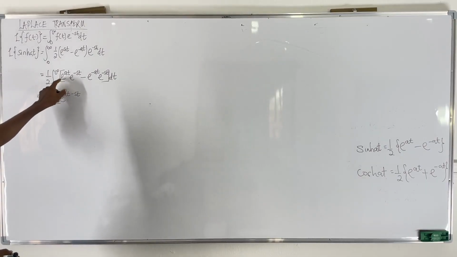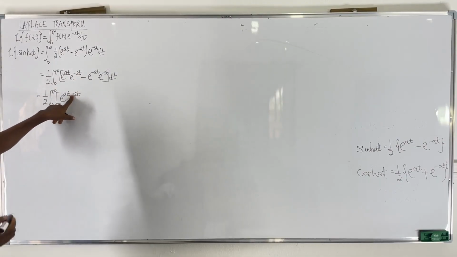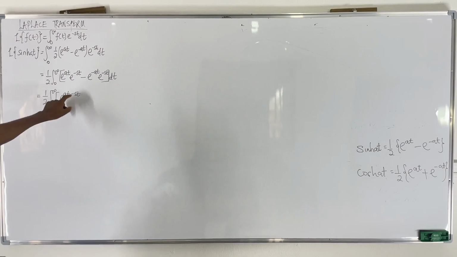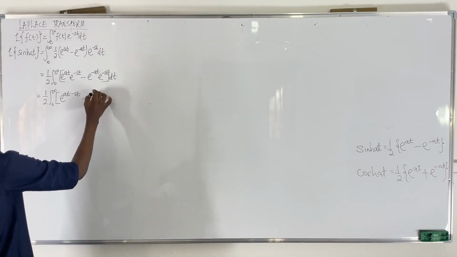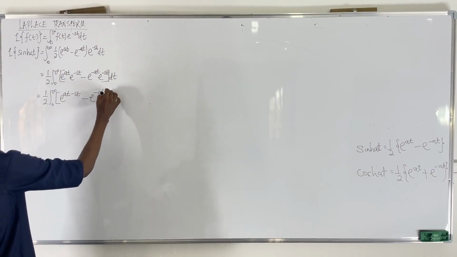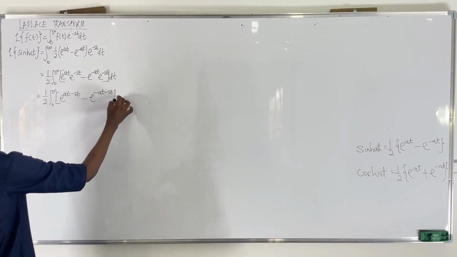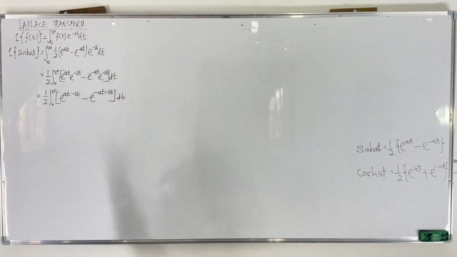These two have the same base, so I need to add up the powers. Adding up when there's a minus, it still means there's going to be a minus. Then minus e to the minus at minus st, and then dt. So that's what we have.